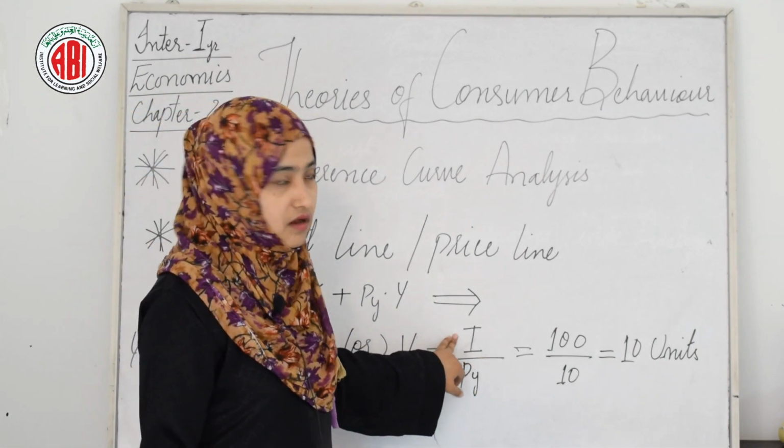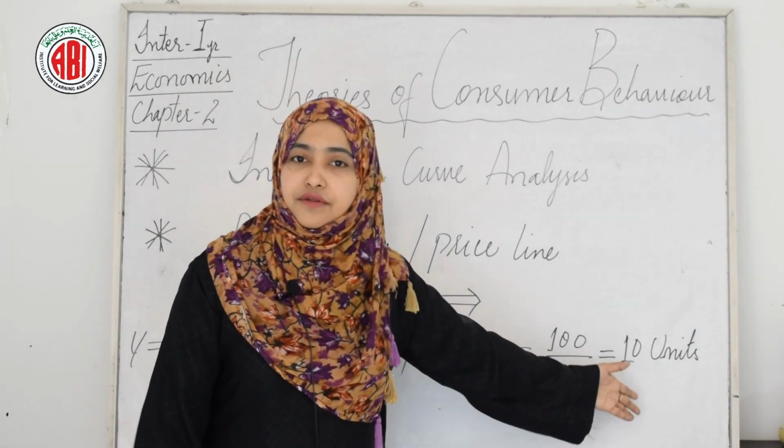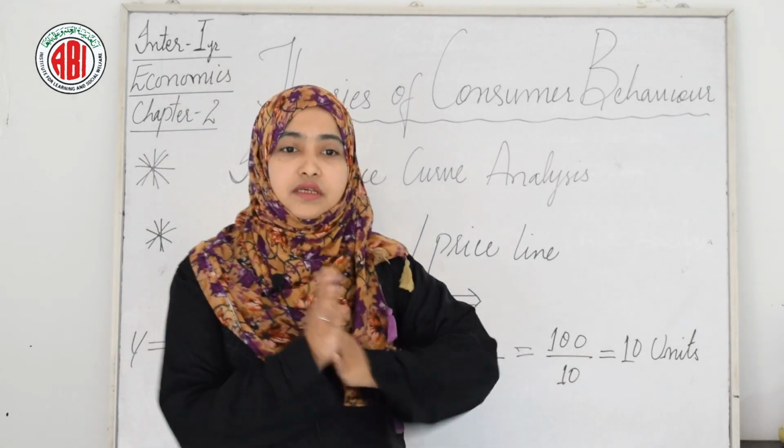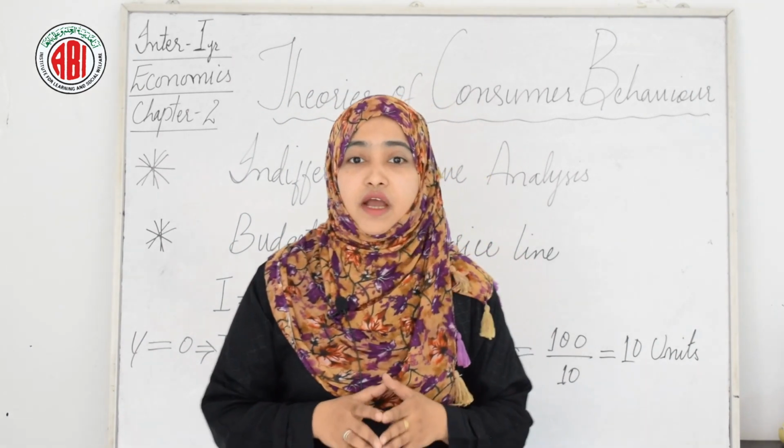Here I means income. So 100 divided by 10, then he will get 10 units. All these are the representations of the equation of the consumer.